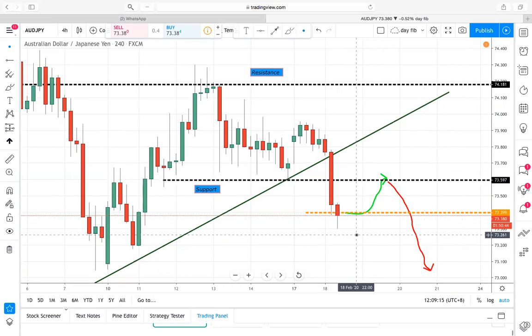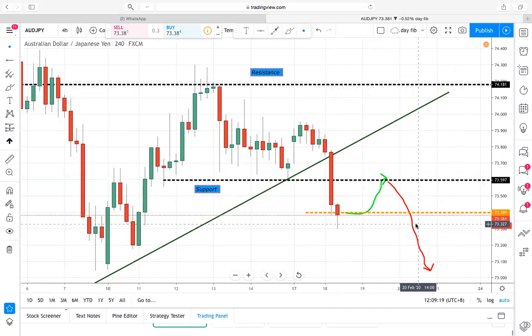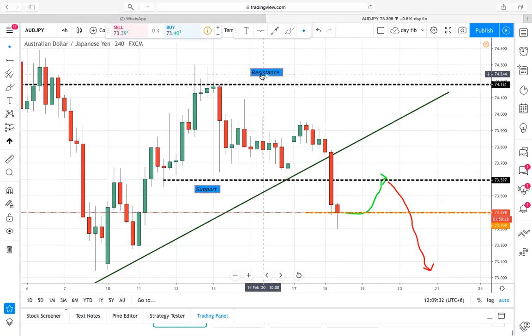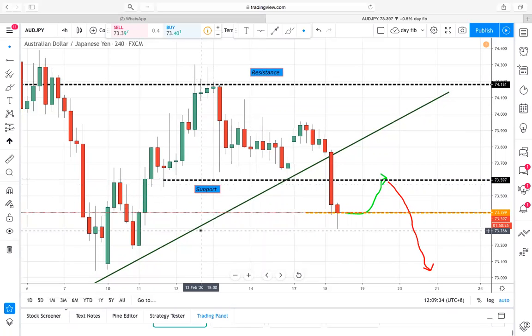So that is basically how I use the bullish trend line, the bearish trend line, the support and the resistance. Pretty straightforward, as you can see. Horizontal are basically the resistance and the support, and the diagonals are the bullish or the bearish.